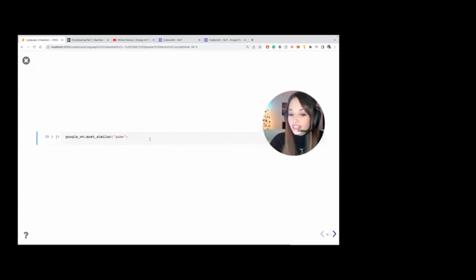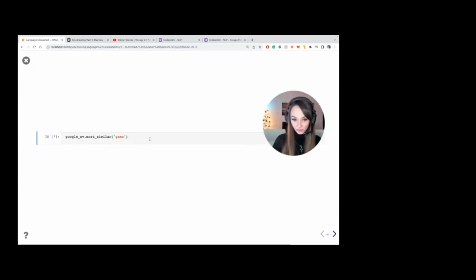But now we're gonna see what are the most similar words to a given word. So for example, we have the word game, and we compute the Euclidean distance, or your favorite distance, from all the other words in the corpus, all the other tokens, I should say, since we already learned that word. So all the other tokens in the corpus, and we just show the words that are the closest to game in distance.